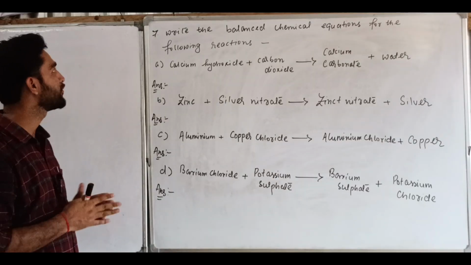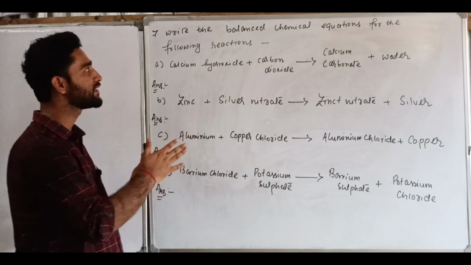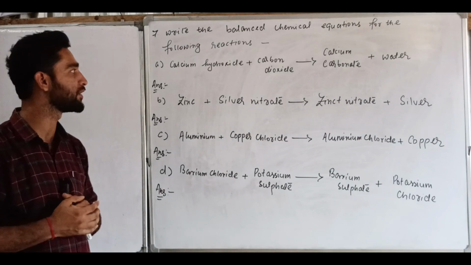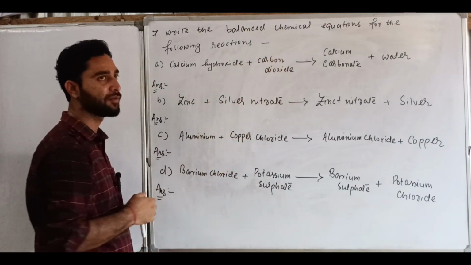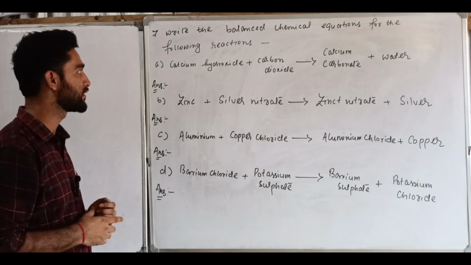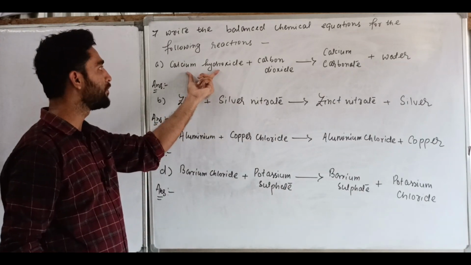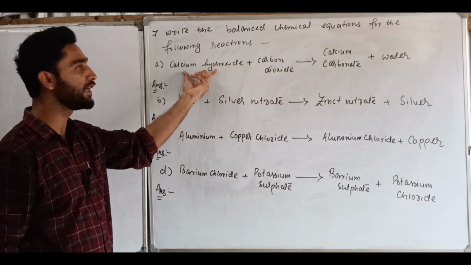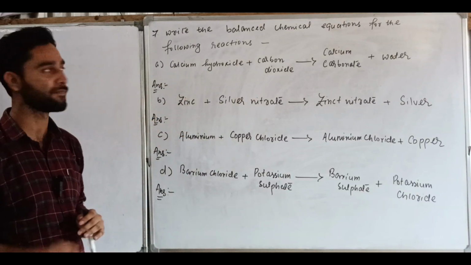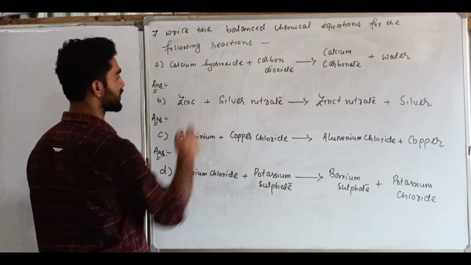Okay. Now let's see question number 7. This question number 7 is also related to balancing chemical equations. Here word equations are given. First we have to convert them into chemical equations, then we have to balance. Now here the compound names are given. First we should know how to convert the compound name into the chemical formula. So calcium hydroxide.